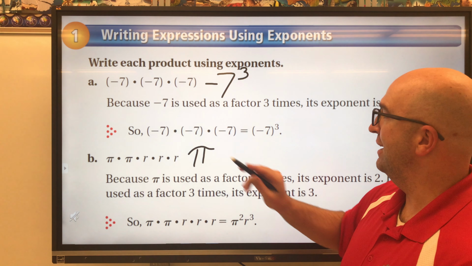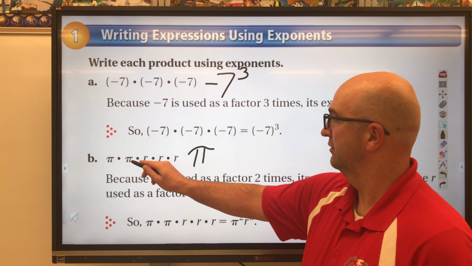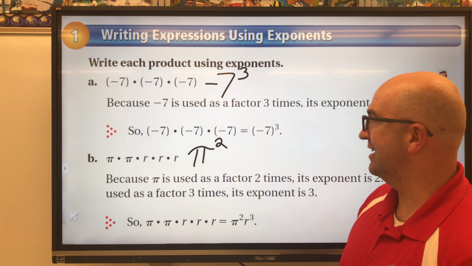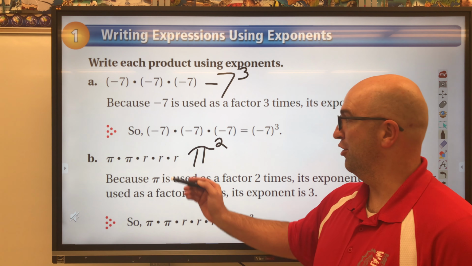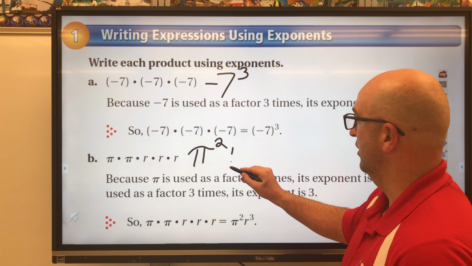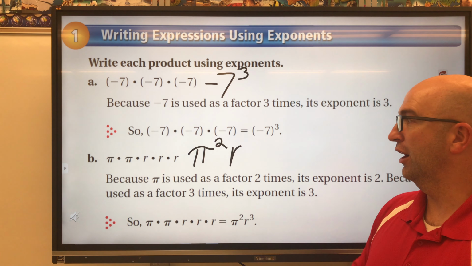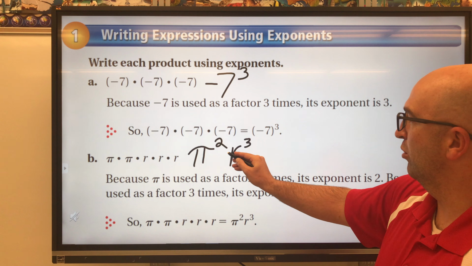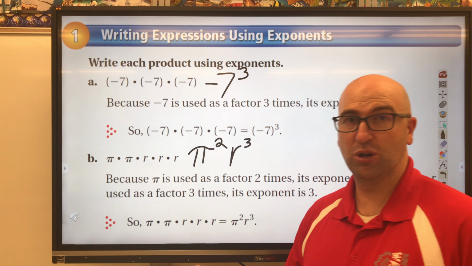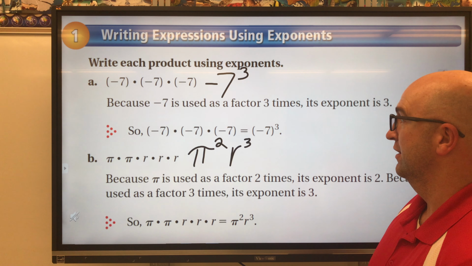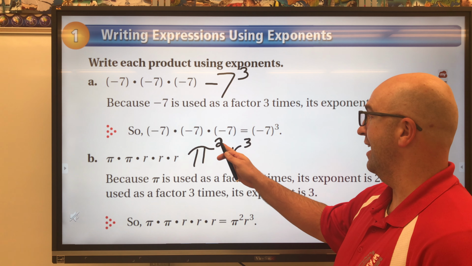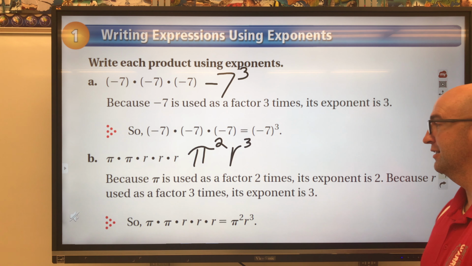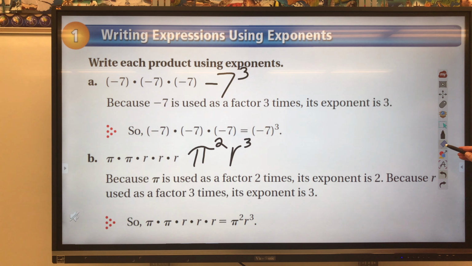And how many times are we multiplying pi? 1, 2. So I have pi to the 2nd, and my other base is r times r, 1, 2, 3. And if I don't leave a space there, it's indicating that I'm going to multiply them together. So the exponent there would be pi to the 2nd, r to the 3rd.